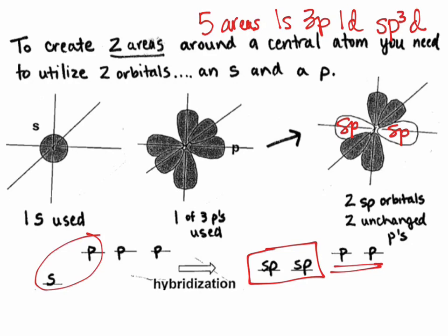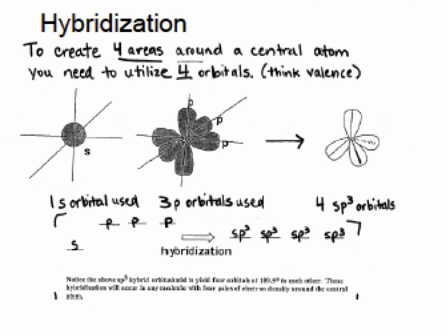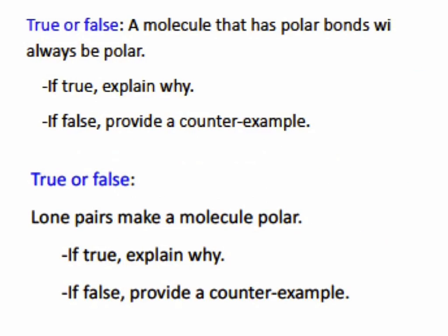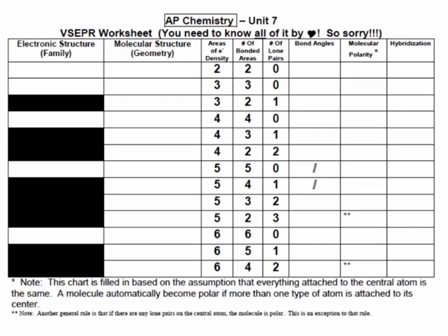Go back to the slide that has the big chart that you have to memorize, with the hybridization. If we're linear, it would be sp hybridization because we need 2 areas.